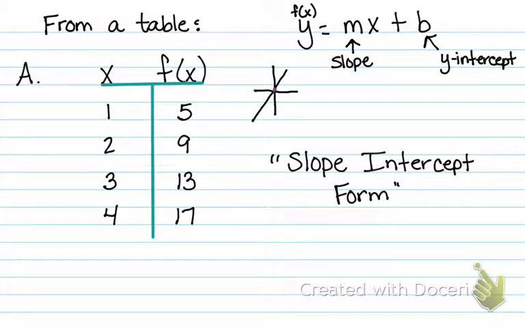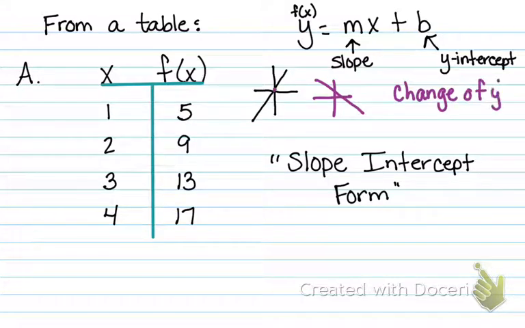Our slope is how steep the line is, whether it's going positive or if it's going negatively. It's how steep that line is. And we'll talk a lot more about slope later on. You just need to know the form right now. But to find slope, it is actually the change of y's over the change in x's.